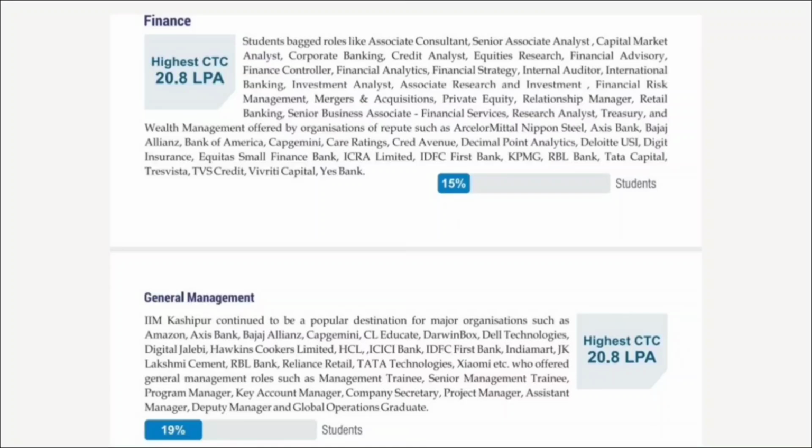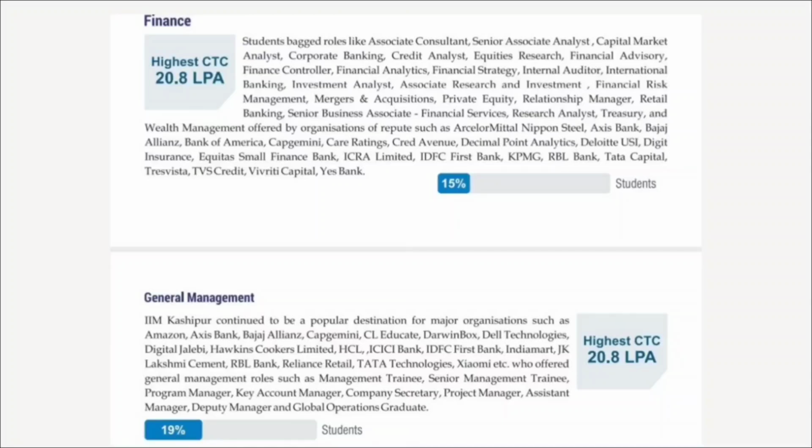The roles offered for this domain are corporate banking, credit analyst, equities research, financial advisory, finance controller, financial analytics, financial strategy, internal auditor, international banking, investment analyst, associate research and investment, financial risk management, and there are so many roles.